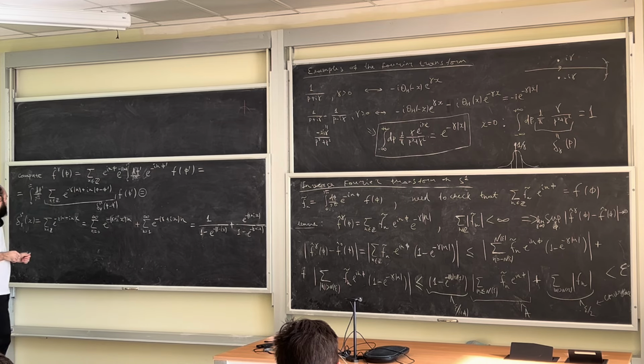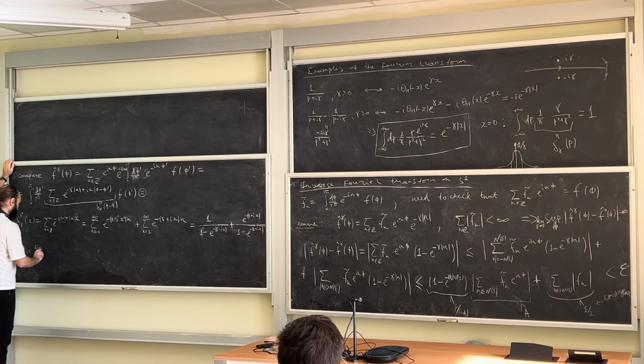Let us look at this function for gamma equals 0 and x different from 0. So x different from 0, limit of gamma goes to 0 of this function.